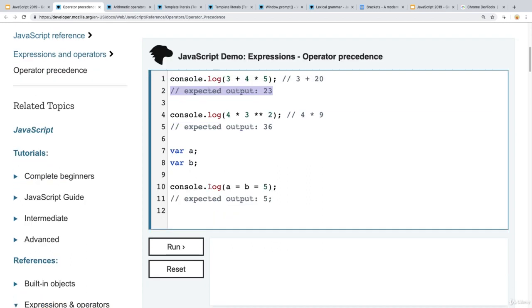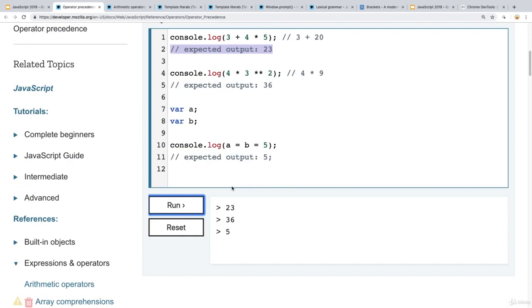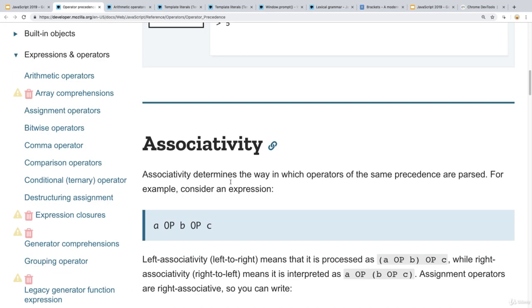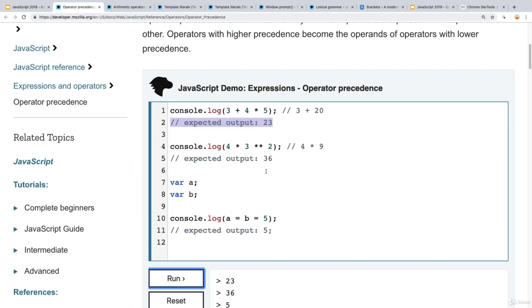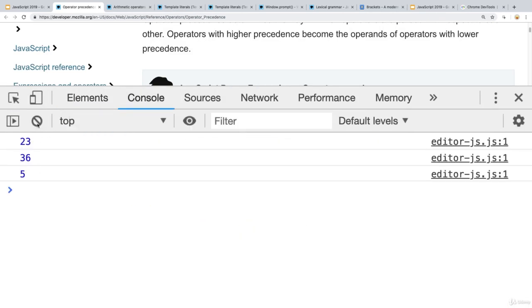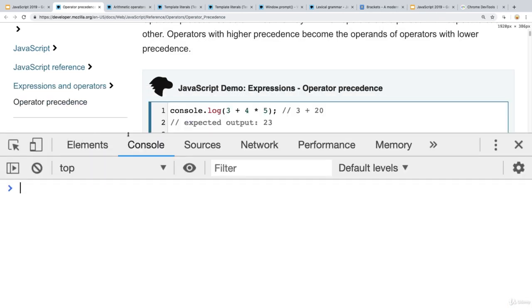It does take some getting used to, unless you're familiar with it from high school or public school. The order is still the same. If we did want to do 3 plus 4 multiplied by 5, we would have to wrap it in brackets. I'll show you quickly how that works in the console. If we take the 3 plus 4, wrap it in brackets, and then multiply it by 5, we're going to get 35.